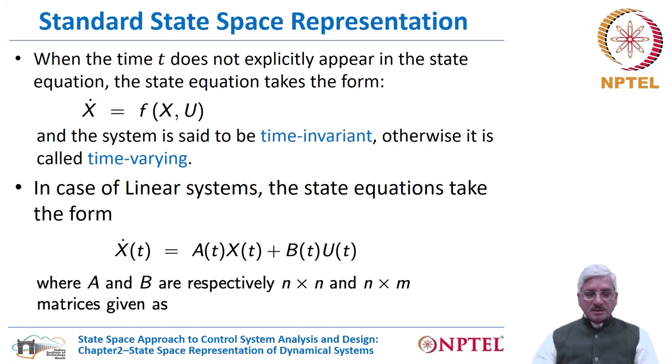So in case of linear systems, it becomes a linear combination, and in this case A, which is called the system matrix, is a square matrix n by n, and B, which is called the input matrix, is an n by m matrix.